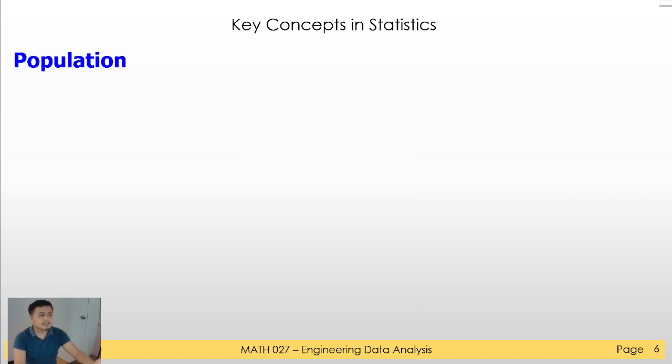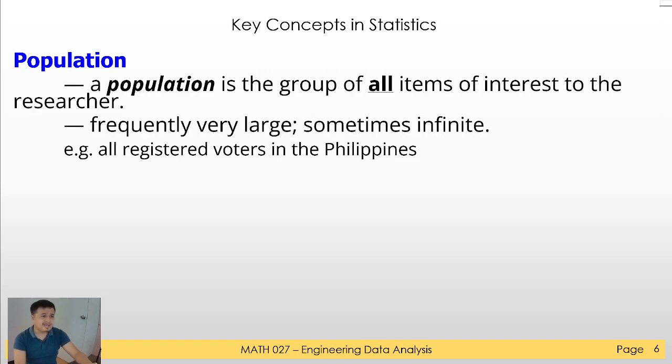Now, let's discuss another key concept in statistics, which is the population. So a population is a group of all the items of interest.